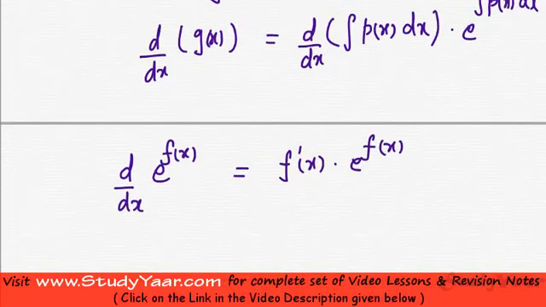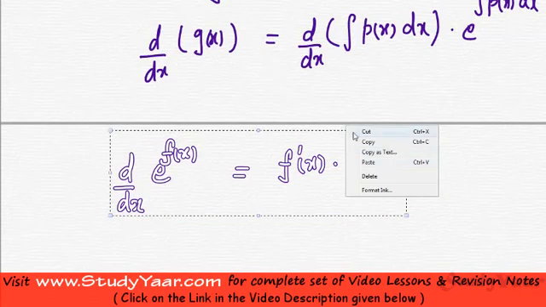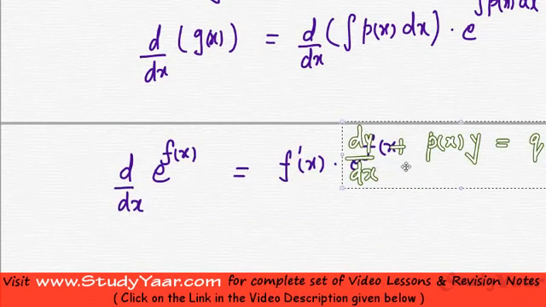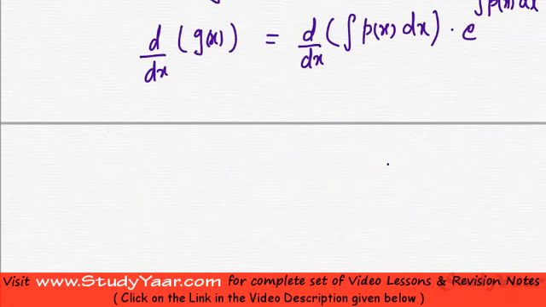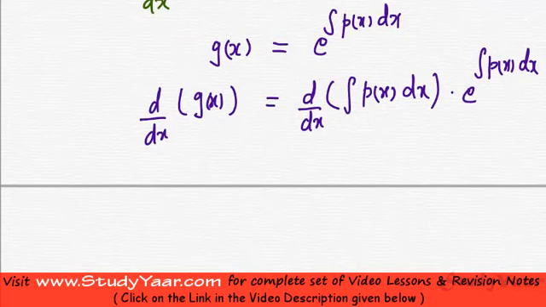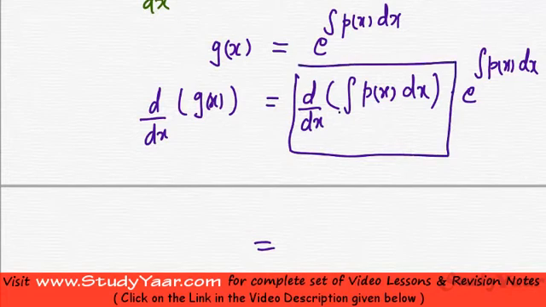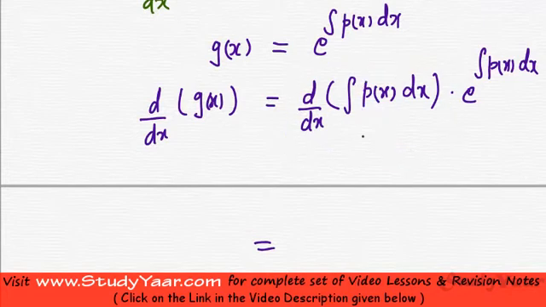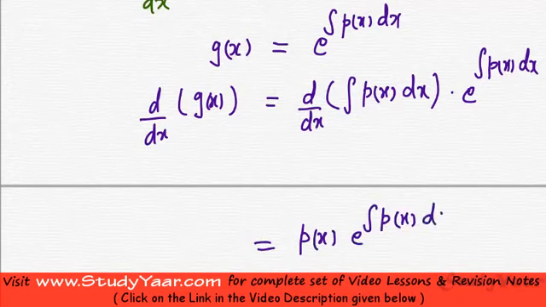Let me just simplify this. What I get from this is d/dx of an integral P(x) dx is going to be P(x). So I have P(x) times e raised to power integral P(x) dx.